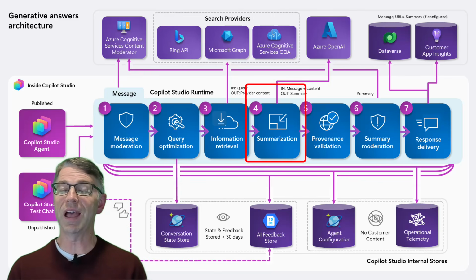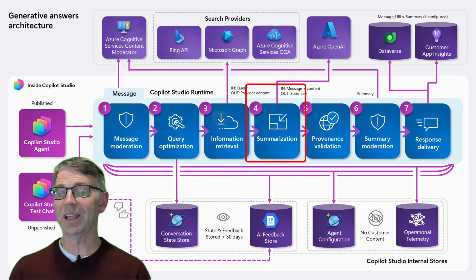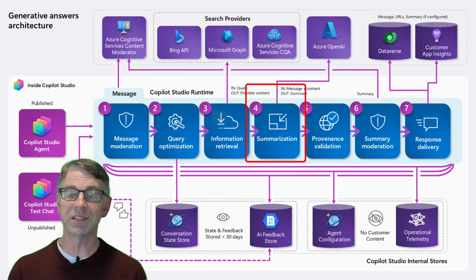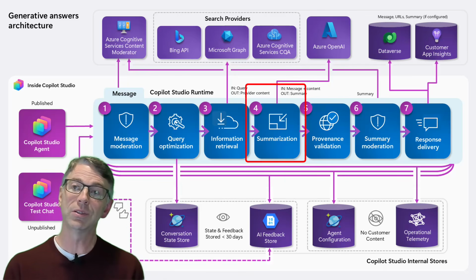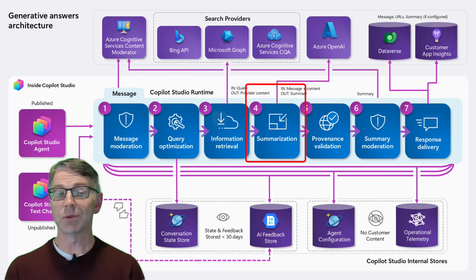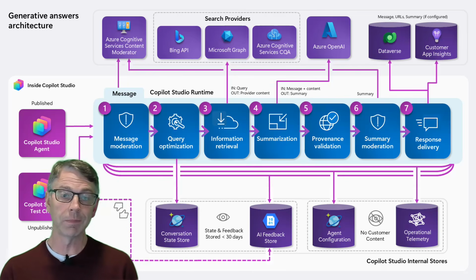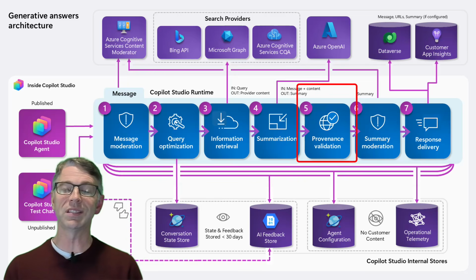And the beauty of that is that you don't have to worry about necessarily testing that and upgrading it and all the different things for red team testing that needs to be done to put a custom model in. So a lot of people like this. So that's where we go into summarization. We answer the question with the search results based upon what the user asked and within the context of the conversation. And then we move into step 5.